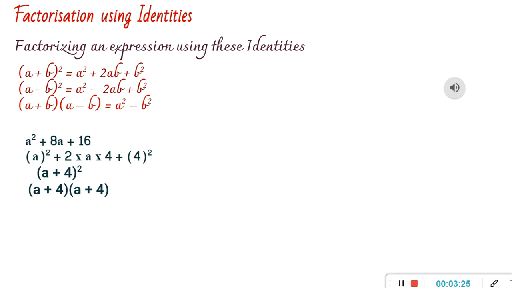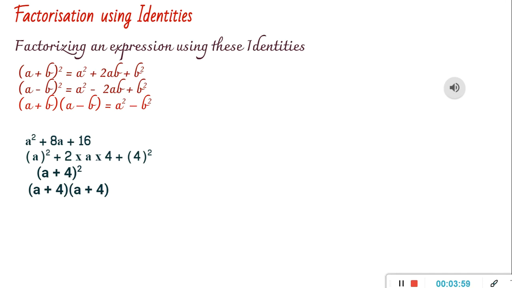I hope all of you know by now what perfect squares are: a number which can be written as a square of another number. For example, here 16 is a perfect square because you can write 16 as 4 square, right? A square is a perfect square because we can write it as a square of a. So in this expression, you have 3 terms, out of which 2 terms are perfect squares. And the third term should be such that it fits into this formula, that is 2ab.